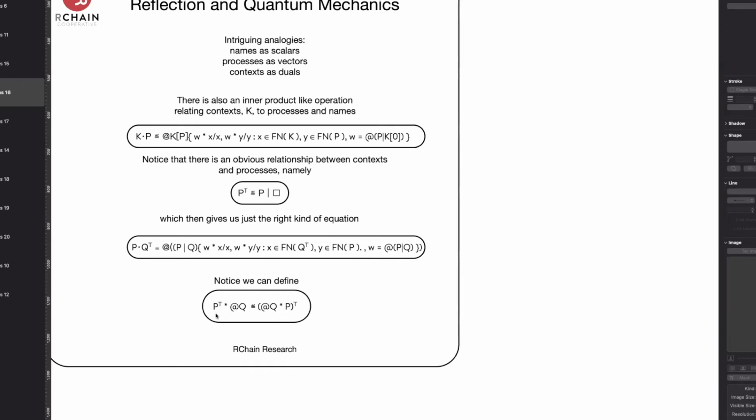So for example, if I take P perp and multiply it by a scalar, we just want that to be defined to be, you take the scalar and you multiply it by P, and then you take the perp. And that will give you all the expected properties that you have of linear algebra. And please don't take my word for it. Go and check.